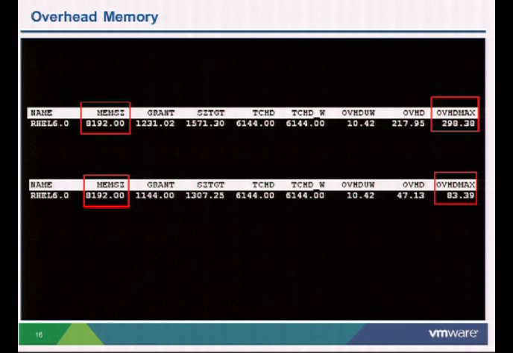The option is controllable in the BIOS. I went to the BIOS, disabled hardware MMU support, and my overhead memory was 300 megs; then I enabled it, and it dropped down to 83 megs. This option is available on every new Intel and AMD processor, and it should be enabled by default in your BIOS. But just go and double-check that it's enabled, because you get significant savings in memory as well as a significant improvement in performance.